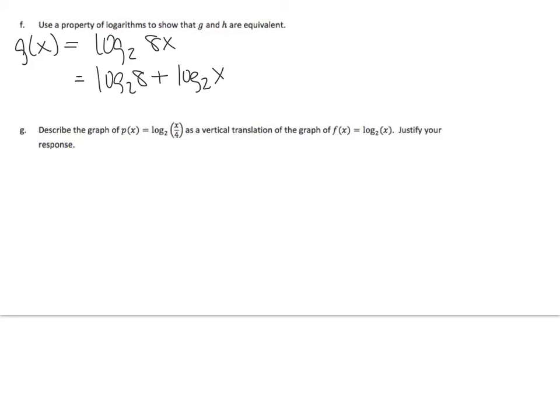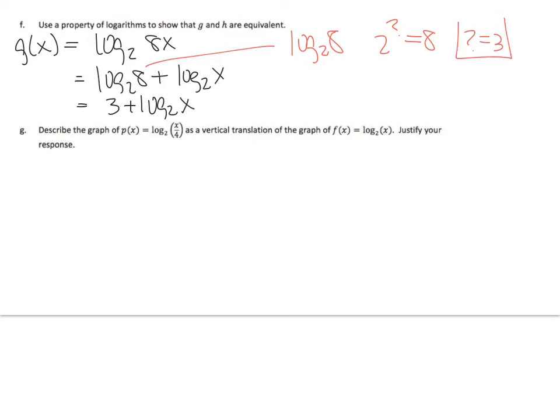Well, log base 2 of 8 is 3 plus log base 2 of x. Log base 2 of 8 is 2 to the what power equals 8, where what power equals 3. So we see that they are actually equivalent because this right here is h of x.